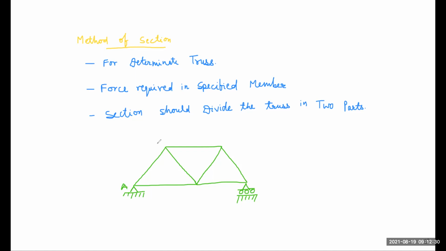So this is point A, this is point B, this is point C, this is point D, and this is point E. If we cut a section here, in this manner, then it will be wrong because this truss is not divided into two parts.